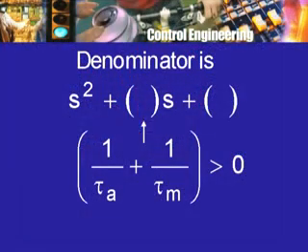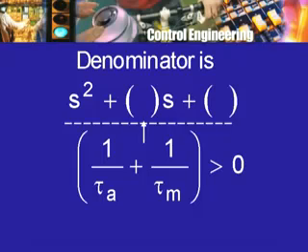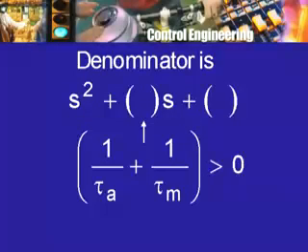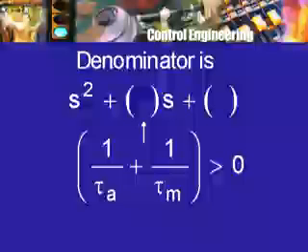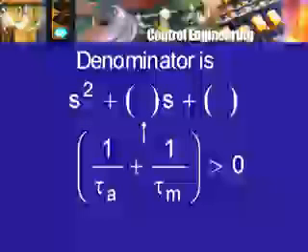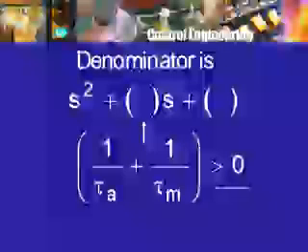In other words, this quadratic will look like s squared plus some non-zero coefficient multiplying s plus another coefficient. Not only that, this non-zero coefficient multiplying s is exactly 1 by tau a plus 1 by tau m. So it is not only non-zero, it is actually positive. So we have a situation where the coefficient of s is not 0 and the coefficient of s is positive.